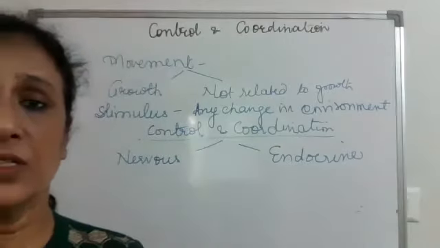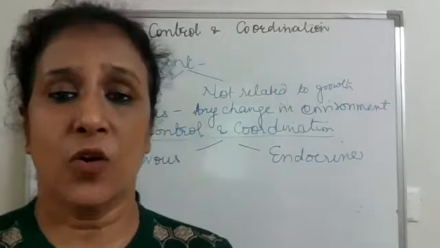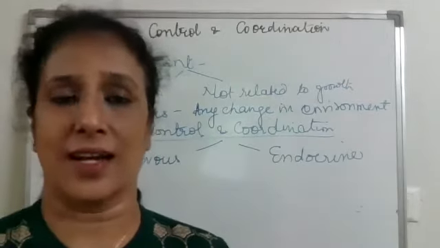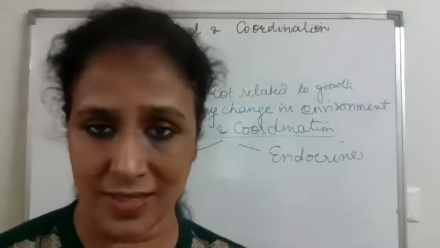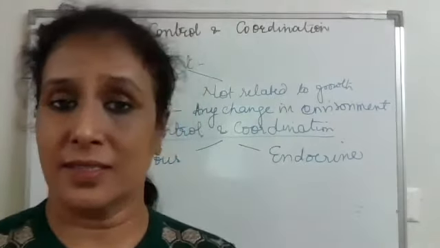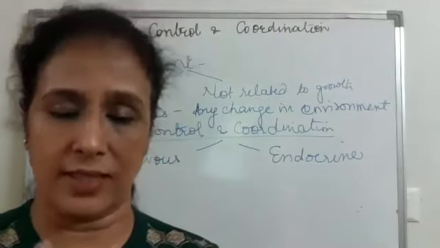In case of unicellular organisms, there is not much need for coordination, as all the functions occur in that single cell only, so they do not have any nervous system. But there may be certain chemicals, though there is no need of any such coordination in their body.